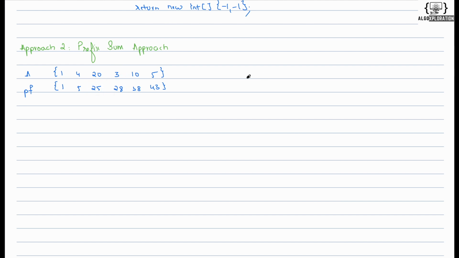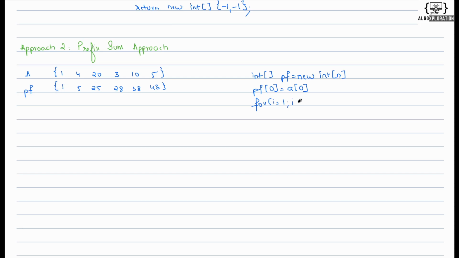So first create the prefix sum array. So int pf equals new int, the size will be the same as of a. Now pf of 0 is nothing but a of 0. Got it? Now we will have a for loop in which I will run from 1, not 0. Why? Because in pf of 0, 1 is already present.